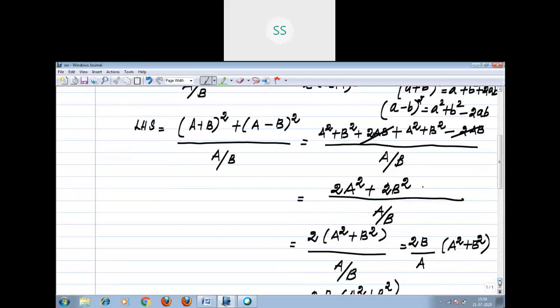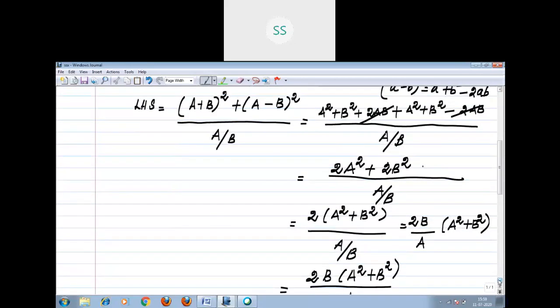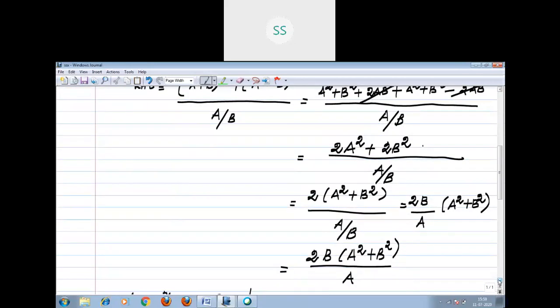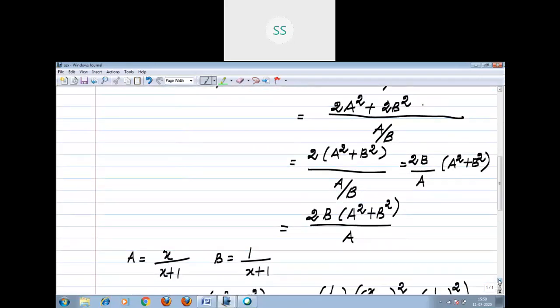That I wrote as 2 times 2b divided by a into (a square plus b square), or 2b into (a square plus b square), the whole thing divided by a. Both are correct. I gave an example, right? 1 by 5 into 3, that is also 3 by 5, or 1 into 3 divided by 5, that is also 3 by 5. So the previous and the next step are equal.